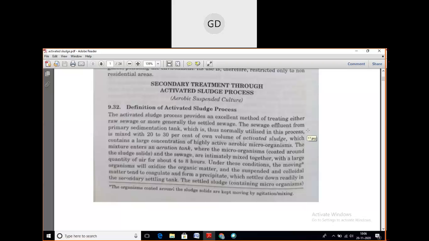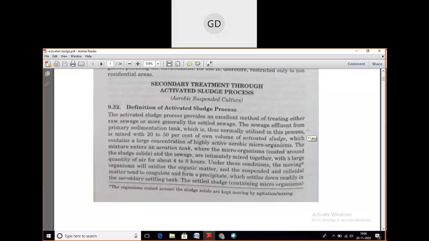Okay, so in simple language, in this activated sludge process, the microorganisms are present in an aeration tank and the oxidation takes place in the presence of oxygen. So in simple language, that is the main working principle of an activated sludge process.